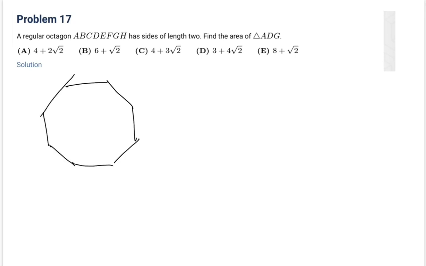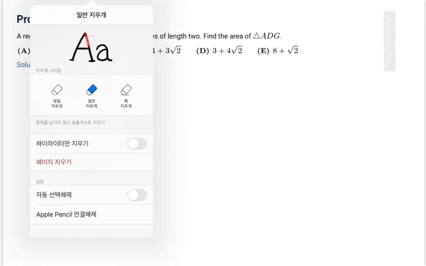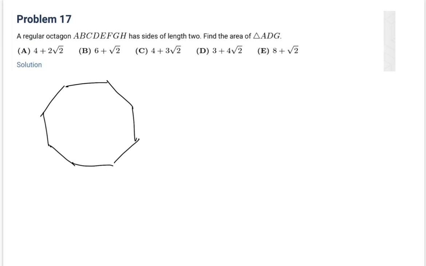This is at least acceptable, I hope. This has sides of length 2, and we want to find the area of ADG. Let's label A, B, C, D, E, F, G, H.